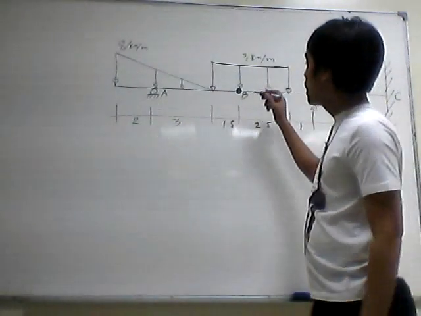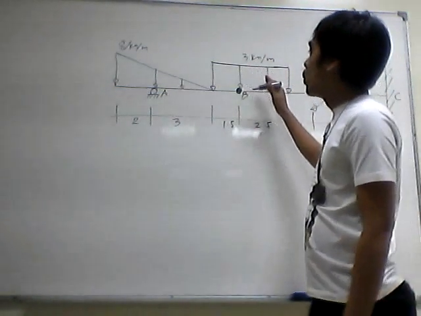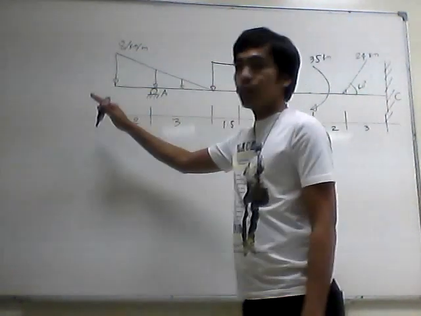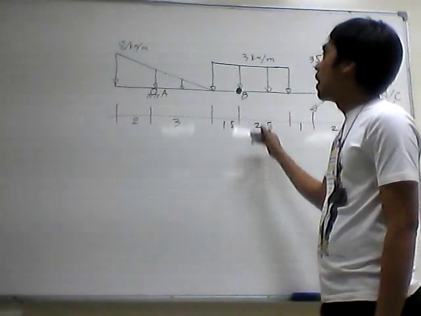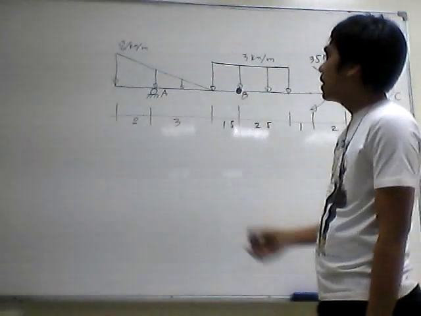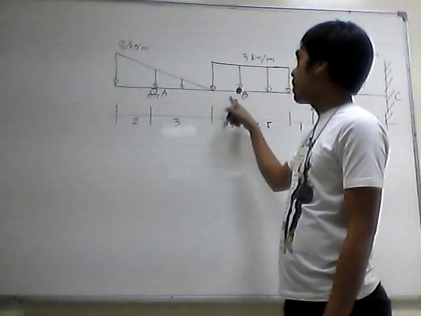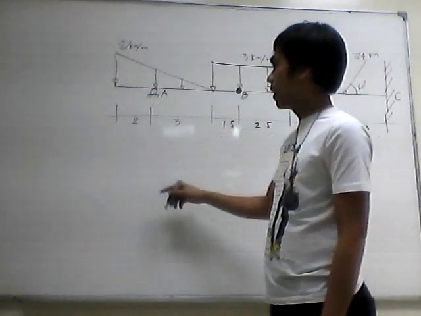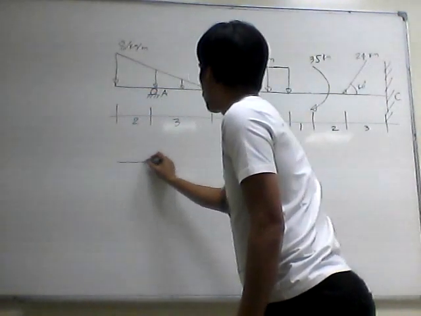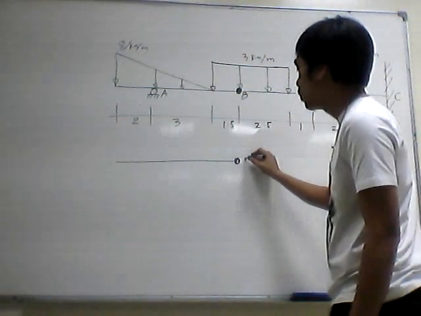So here, at the internal hinge, we can cut the beam into 2, considering the left portion and right portion, whichever is simpler. In this case, we are going to isolate part AB to get the reaction at A. To do that, we have to redraw the beam, cutting it into 2 portions.